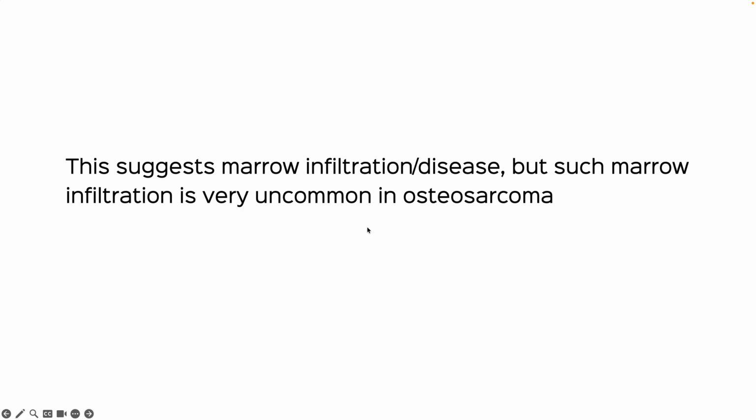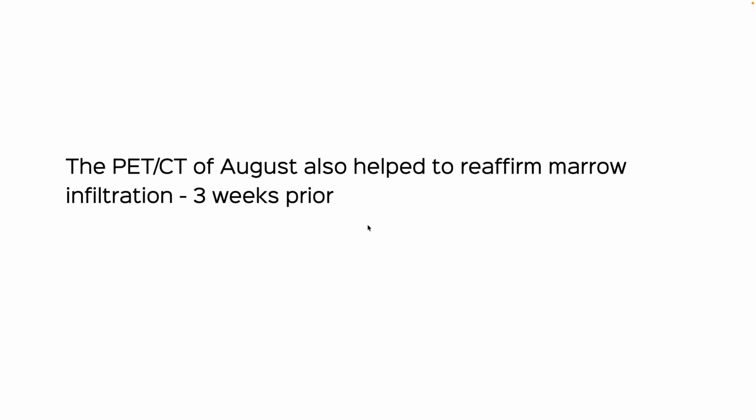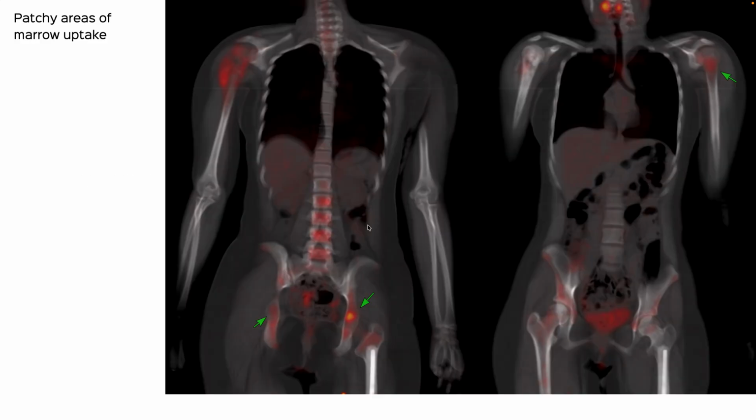And I think one of the things that must have influenced the original report was that marrow infiltration like this is very uncommon in osteosarcoma. And I think that played a role because then the question was, how do you explain all of this? There was a PET CT done 3 weeks ago, which also was the reason why the MR was done.